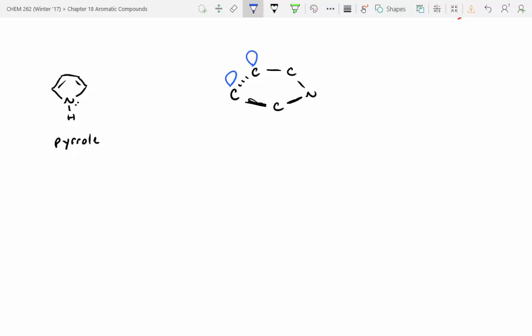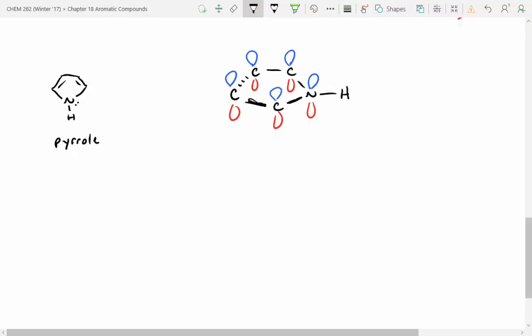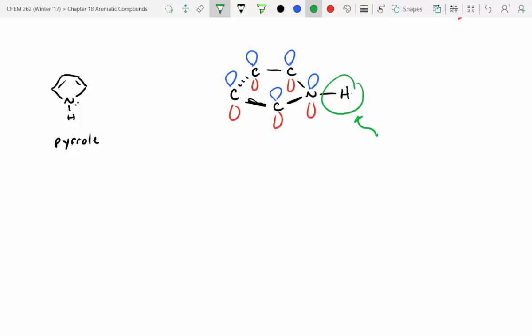Let me do the same color diagram. The hydrogen, in this case, is actually occupying an sp2 lobe, right? So let's make a little note here. This is connected via sp2 lobe.